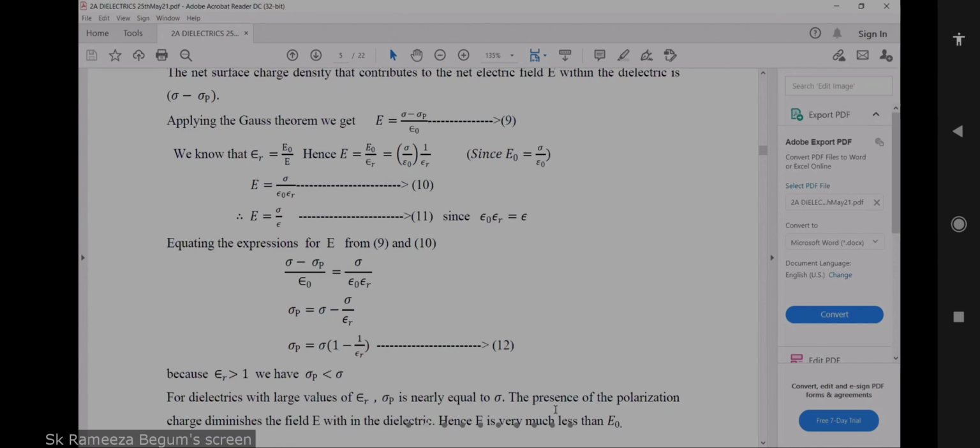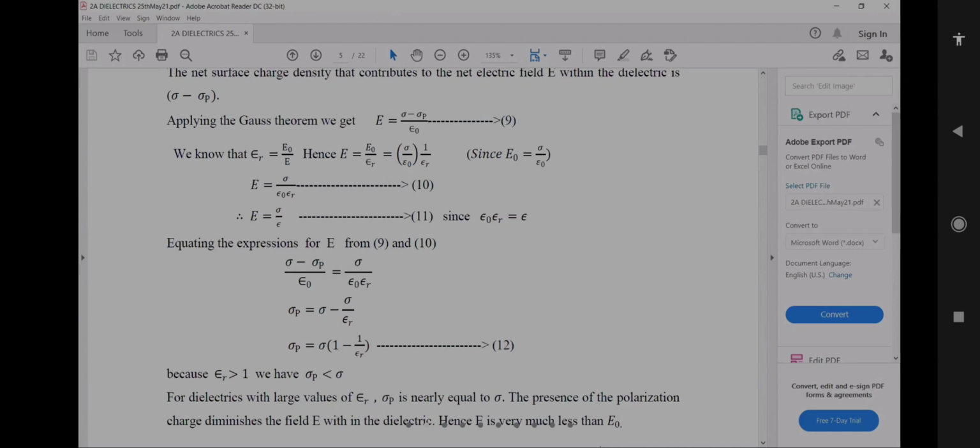So the presence of the polarization charge diminishes the field E within the dielectric. Hence E is very much less than E naught.